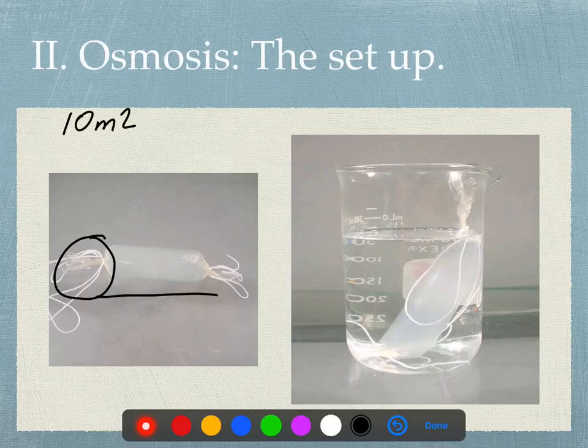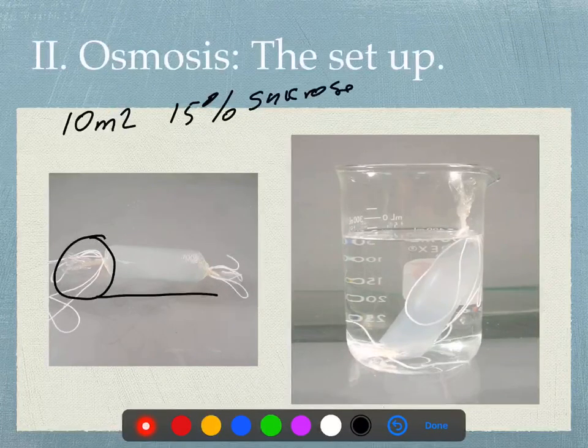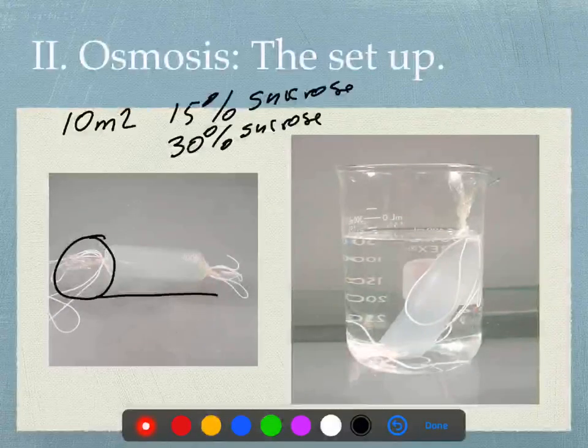The specific concentrations are outlined in your manual. We're going to go over those here in this exercise as well. We use things like 15% sucrose and 30% sucrose. Okay. And then I'll diagram all of this in the next slide that follows.